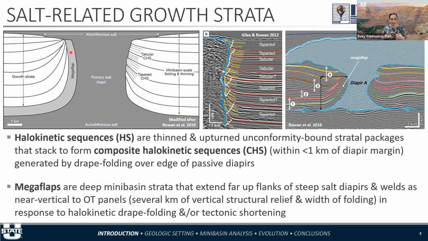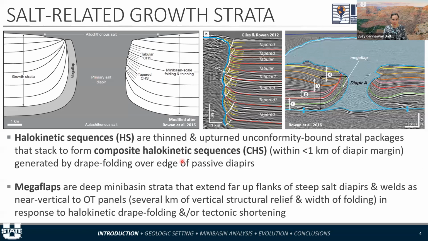So we can have several kilometers of vertical structural relief, with folding upwards of 7 kilometers high, 5 kilometers wide. And we believe these represent the relatively thin roof that would be deposited over some body of inflated salt, and then subsequently rotated into these steep orientations by either halokinetic drape folding, shortening-related squeezing, or some combination of those processes.